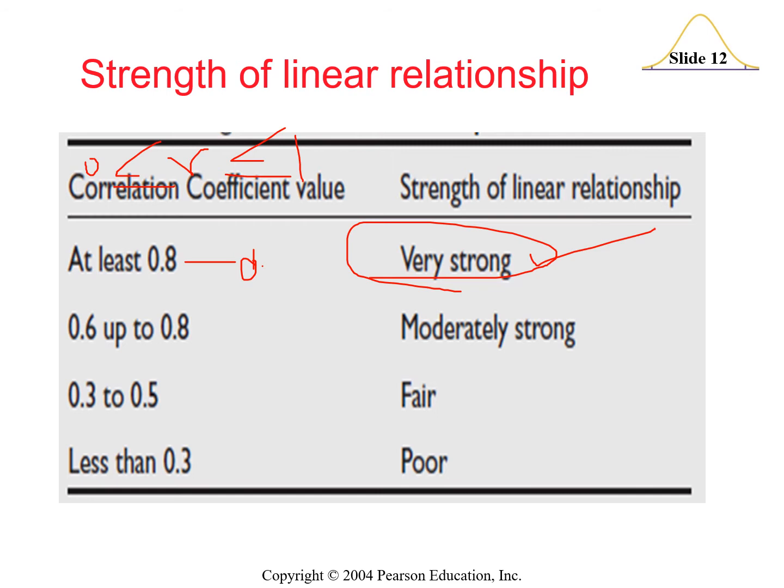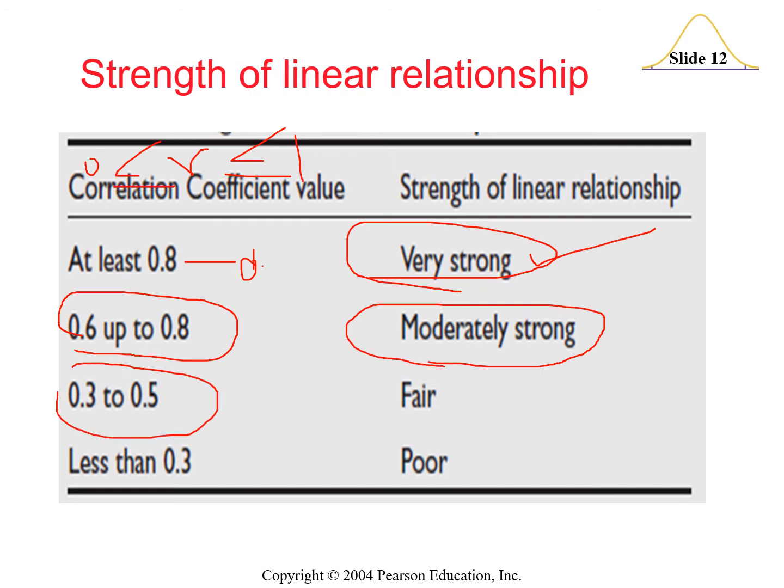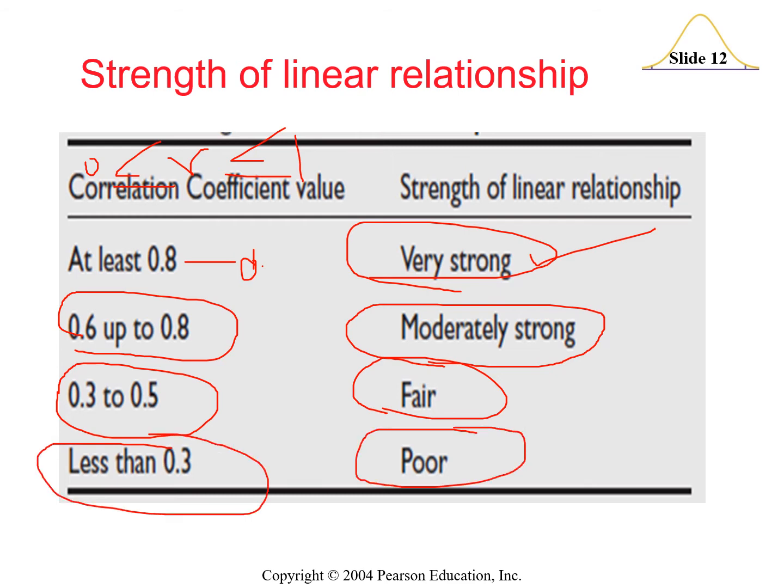If r is between 0.6 and 0.8, we have moderately strong relation. If r is between 0.3 and 0.5, we have fair correlation. Less than 0.3 implies poor relationship between x and y. The same can be applied for negative values.